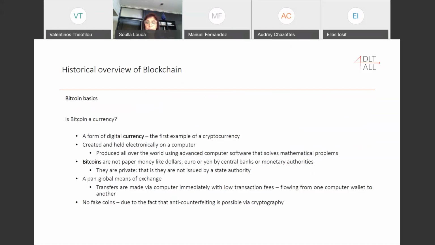And transfers are made via computers immediately with low transaction fees. It's not possible to have fake coins, fake cryptos, because anti-counterfeiting is possible through the strong cryptography that they are using.